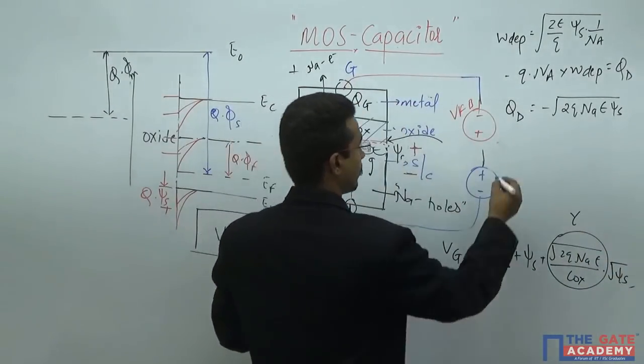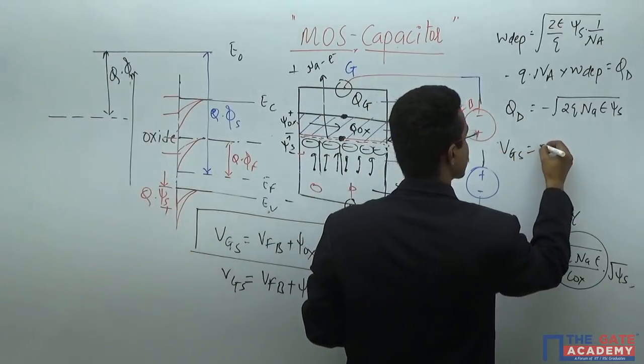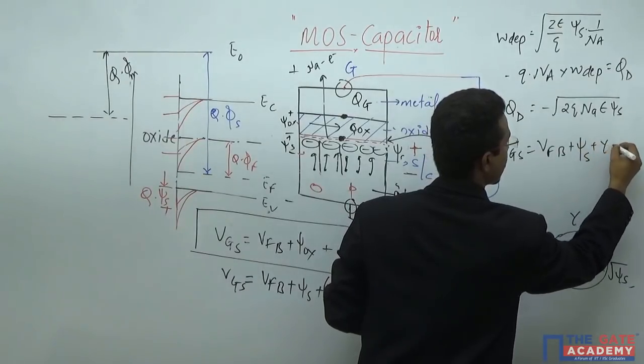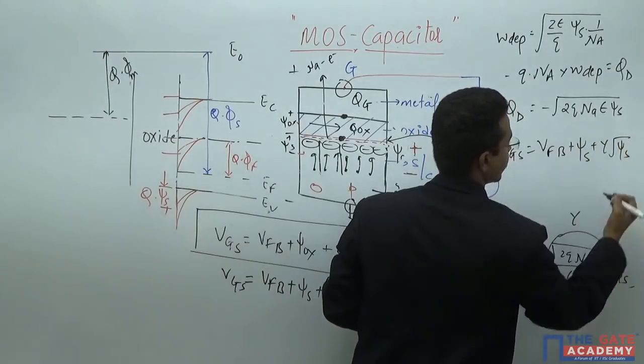After that you write VGS equals VFB plus psi S plus gamma times root over psi S.